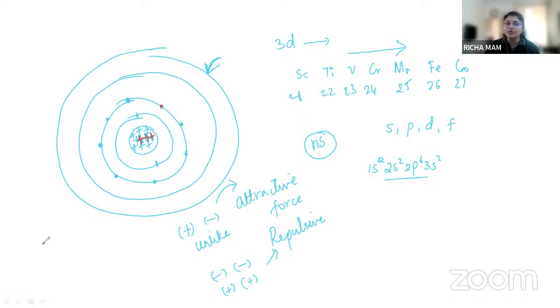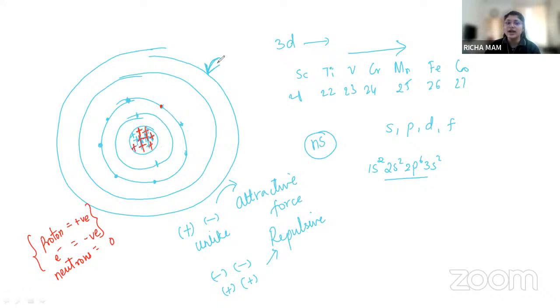You know that protons are positively charged, electrons are negatively charged, and neutrons are neutral. We are not considering neutrons, only the protons and electrons. The attractive force is between the protons and the electrons.